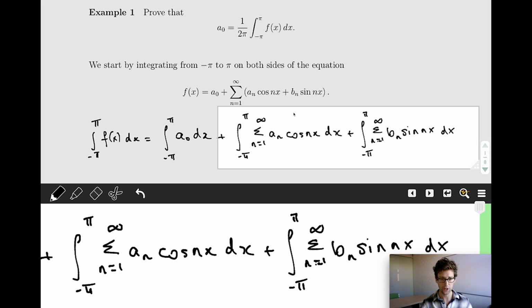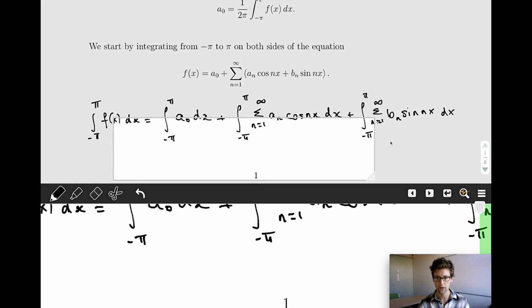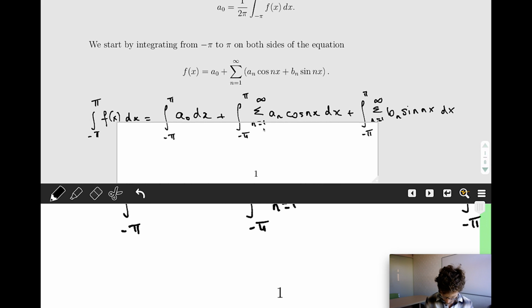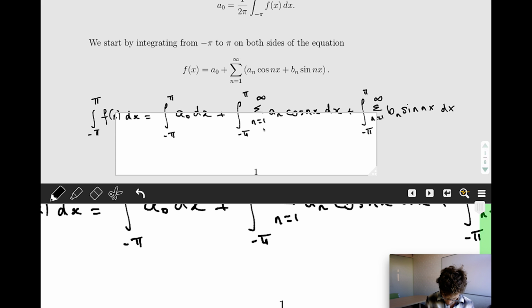Now those coefficients a0, an, and bn appearing here are all constants, so they can come outside of the integration sign. And what's more, the integration and the summation can be swapped around, right? I can always swap a sum with an integral. And the reason I can do that is because integration is a linear operation, so it doesn't care about sums. So we're going to pull out a0.